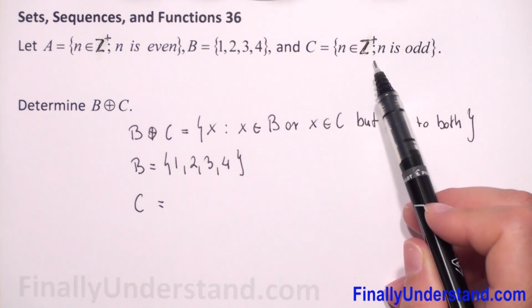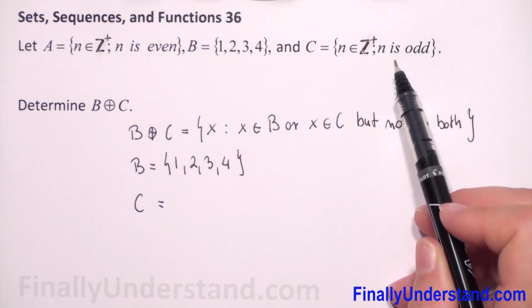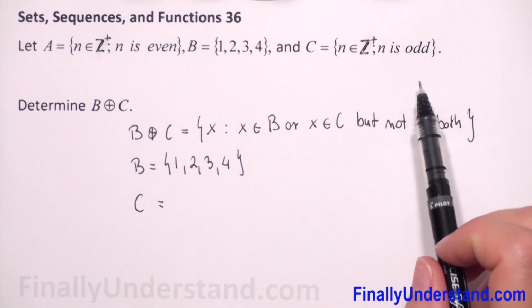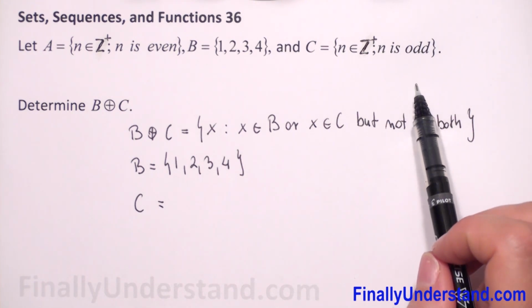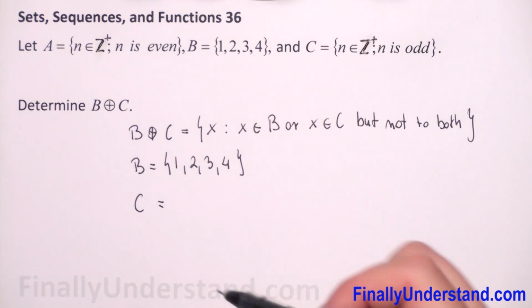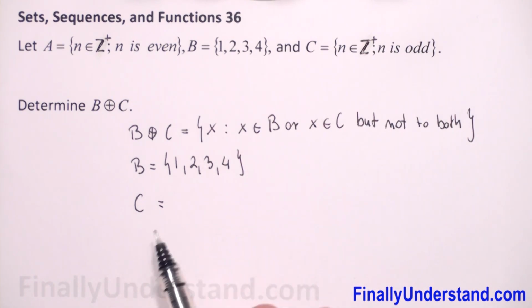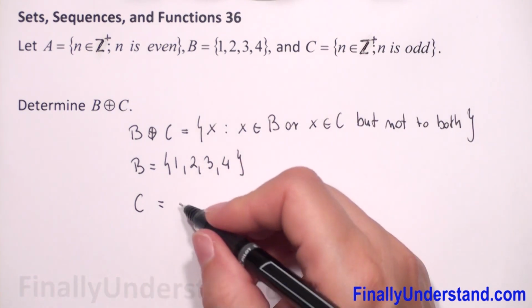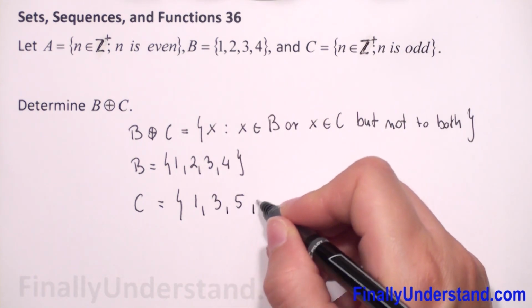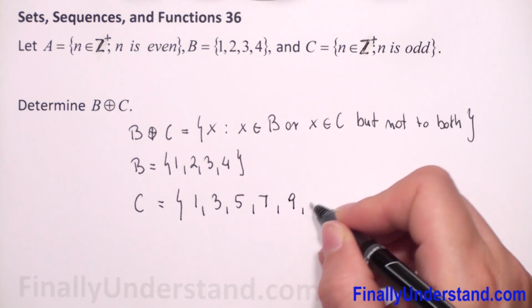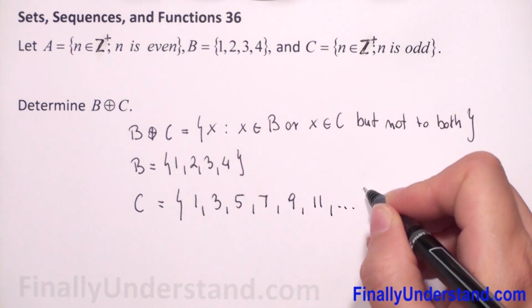And these numbers must be odd. Any integer that cannot be divided exactly by 2 is an odd number. So we need positive integers that are odd. So it will be 1, 3, 5, 7, 9, 11, and so on.